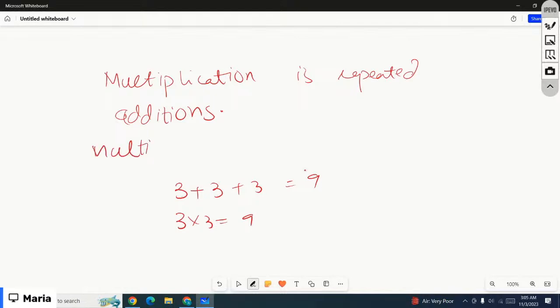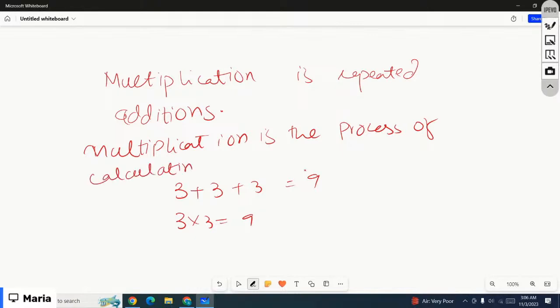The definition of multiplication: multiplication is the process of calculating the product of two numbers, right? You can note down the definition.